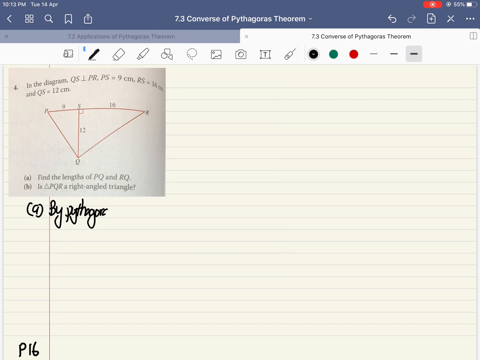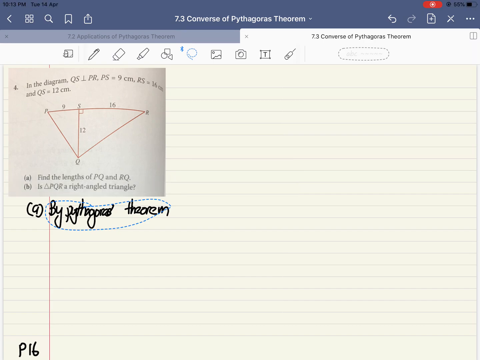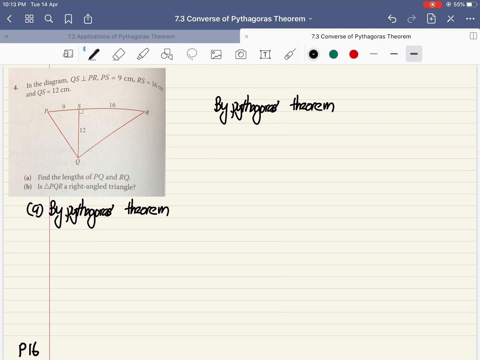For part A, I'll find PQ first by Pythagoras theorem. I'm just going to save these words at the side there, so later I can save writing it once.